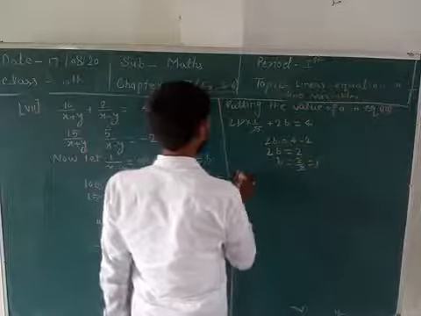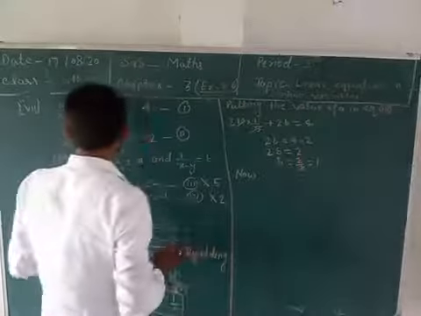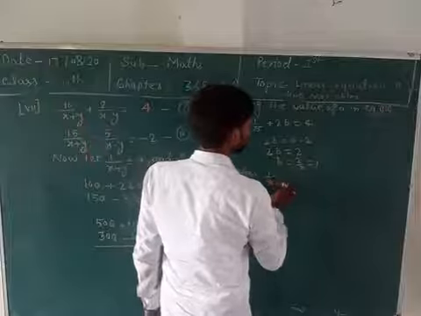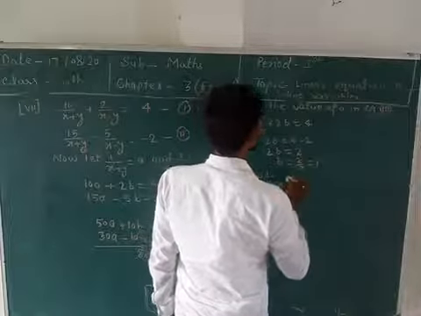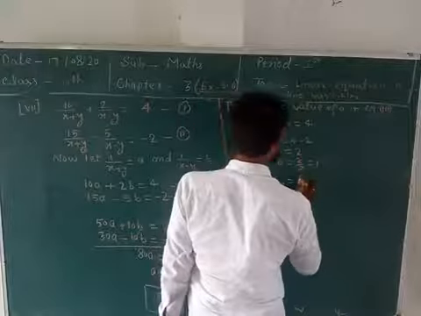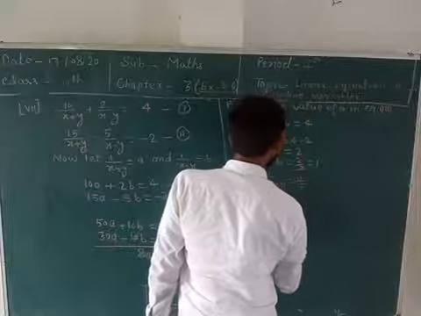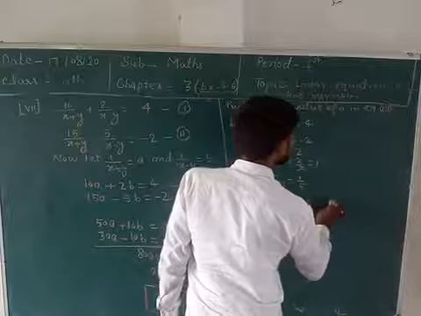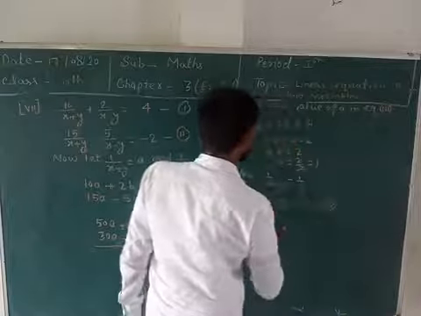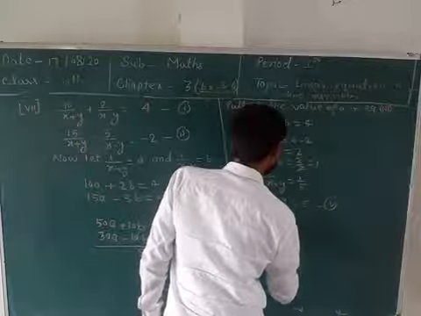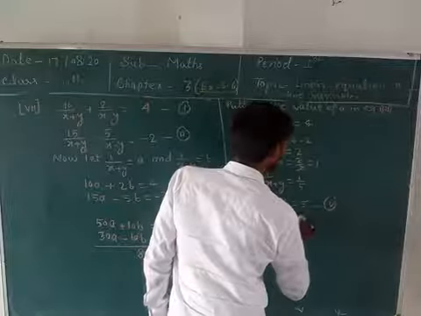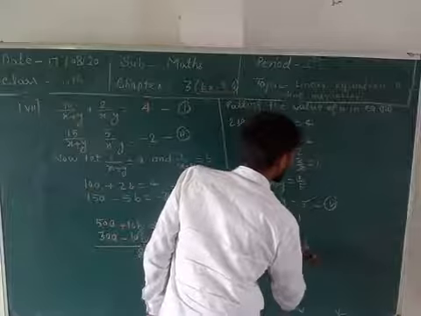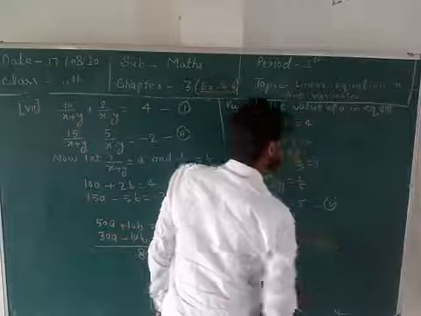Now we have 1 upon x plus y equal to 1 upon 5. Then by cross multiplication x plus y equal to 5. This is equation number 5. And 1 upon x minus y equal to b means x minus y equal to 1. This is equation number 6.